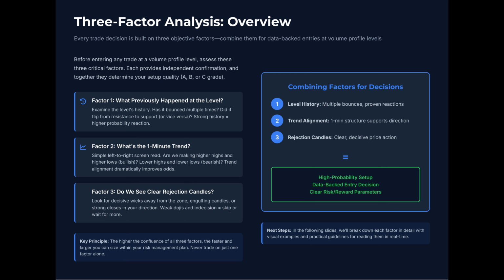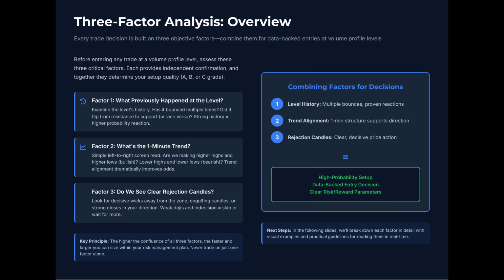Now contrast that with a different scenario. Same PD VAL at 6500, same New York session, but this time, factor 1, level history. You check the past 2 sessions, and this PD VAL hasn't been tested before. No history. Score, 0 points. Factor 2, trend. Your 1-minute chart is choppy, overlapping candles, no clear direction. Score, 0 points.